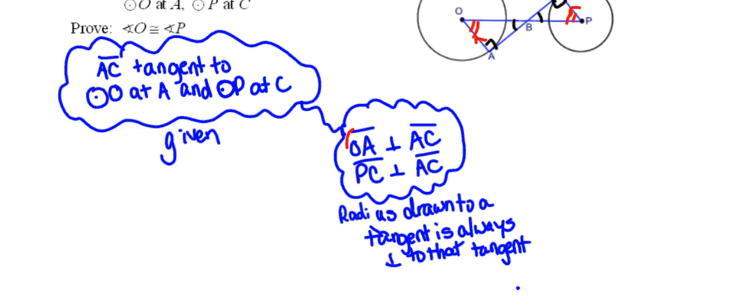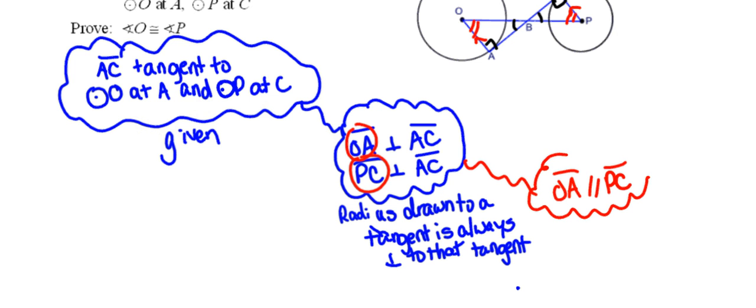And now, because segment OA and segment PC are both perpendicular to segment AC, I can deduce that segment OA has to be parallel to segment PC. And that's because anytime you have 2 lines perpendicular to the same line, they are parallel to each other.